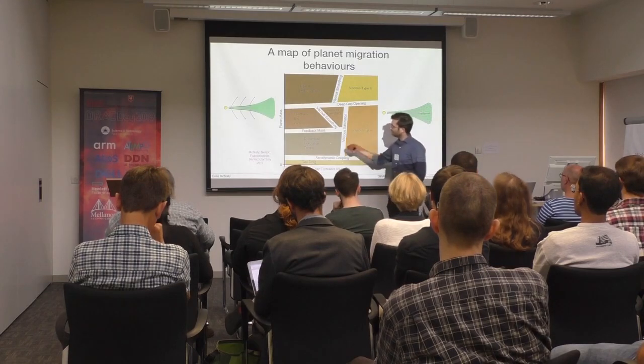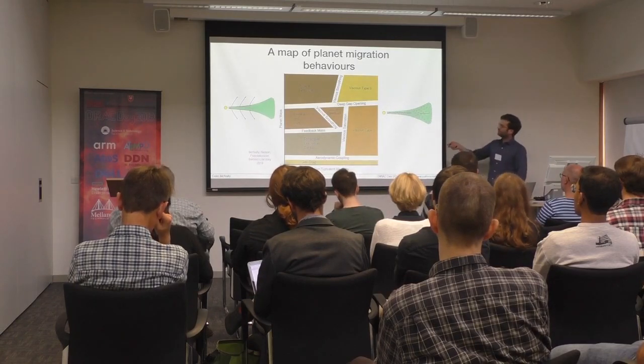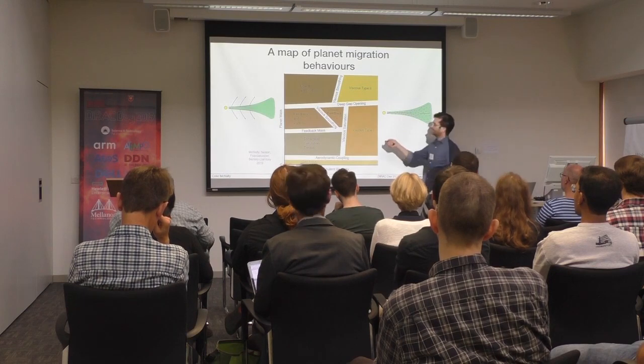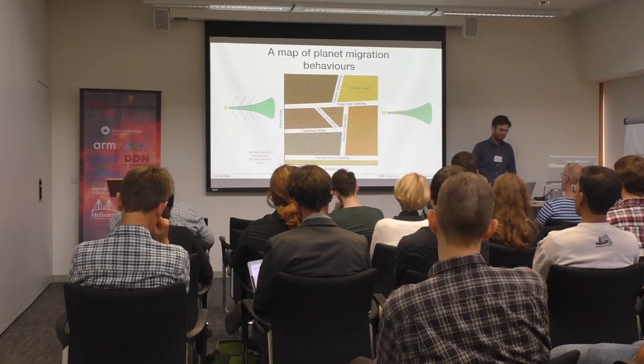Over here, once we go to these low viscosity disks, we're in a situation where we get this much more complicated set of phenomena with various things that give transitions between those based on changes in the physical parameters.